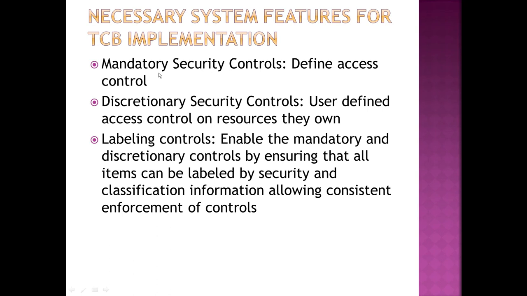You need what you call mandatory security controls. The mandatory security controls define general access control. For instance, if you are going to use a Windows system, in general, it is expected that you have to log into the system to access your area.